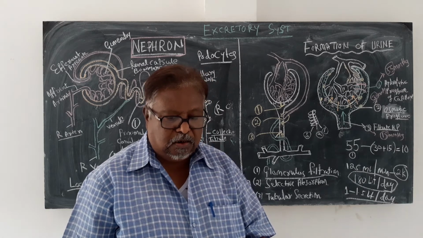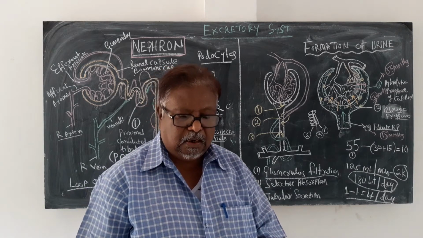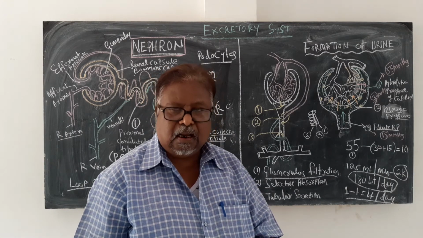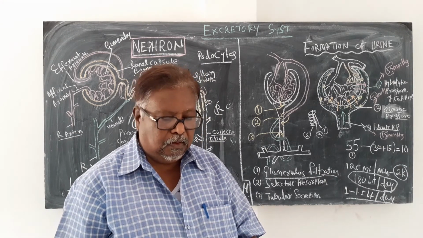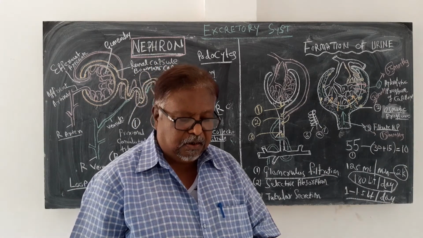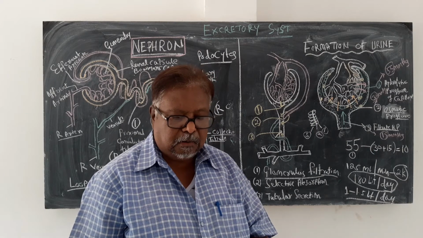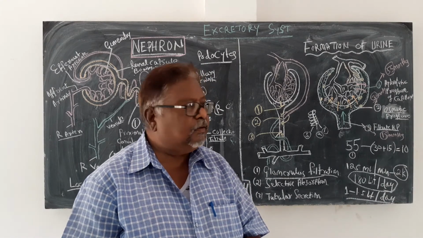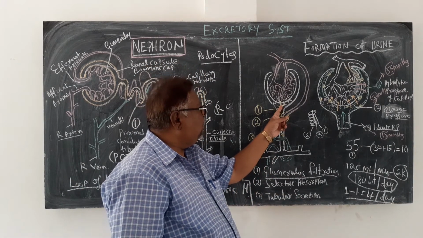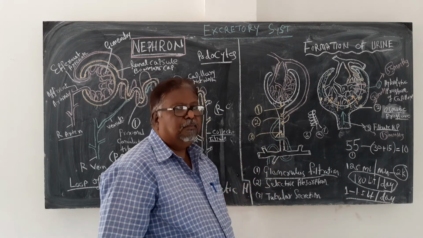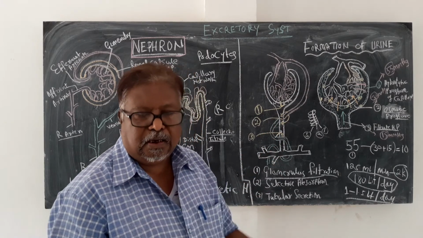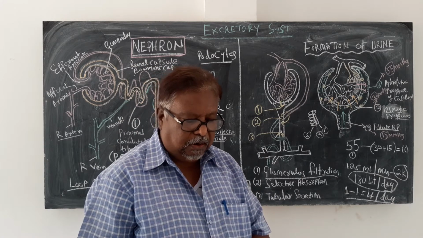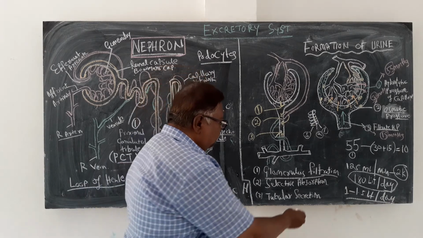Next point, the reabsorption takes place in the renal tubules by selective reabsorption and tubular secretion methods. This filtrate passes into the first part of the renal tubule. So the filtrate produced here is passed into the proximal convoluted tubule and continues in the renal tubule. Now the second one is selective reabsorption.